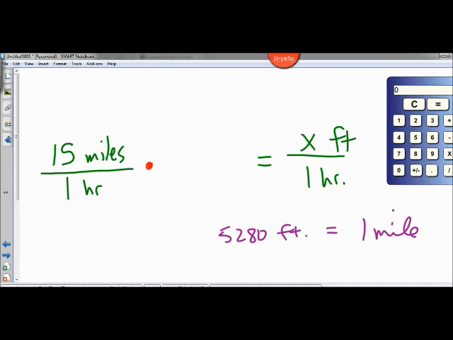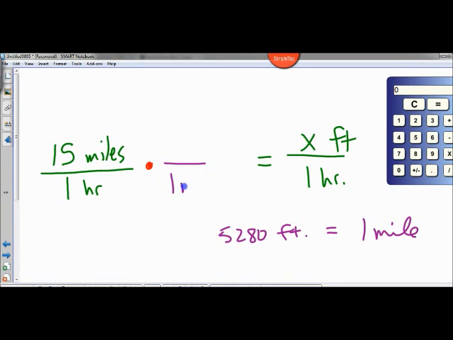So I'm going to multiply by a masked 1. But the masked 1 that I need to use, the fraction, has to have miles where? In the numerator or denominator? Very nice. Has to be in the denominator.